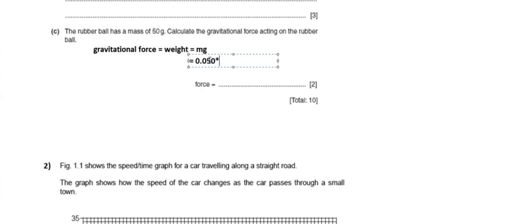It is actually 9.8 meter per second square, but for simplification you can simply write 10 meter per second square. So 0.050 into 10, the value is nothing but 0.5. 0.50 value you can write down. The answer is given in terms of Newton, because weight or gravitational force is given in terms of Newton. So the final answer you can write down is 0.50 Newton.